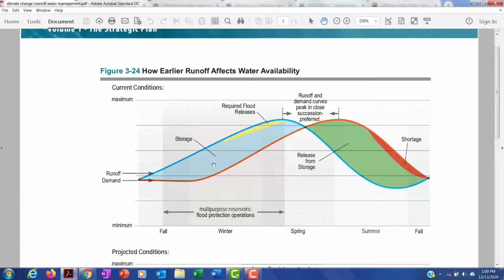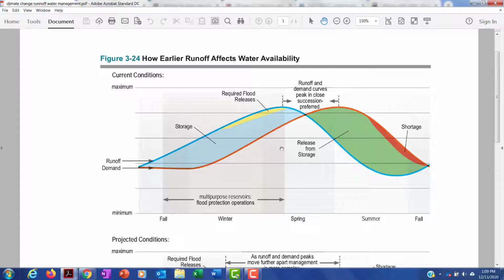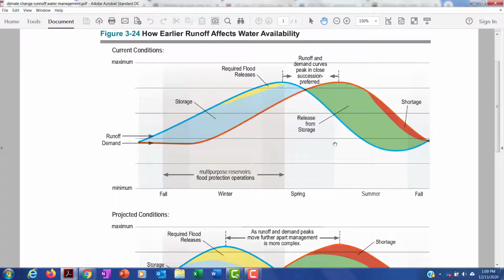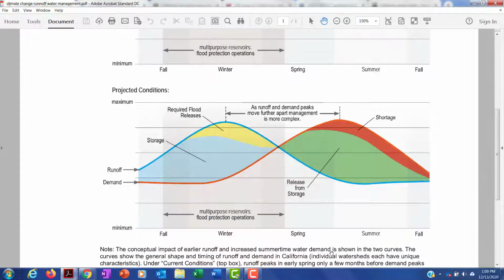Going forward, the thinking is, regardless, the climate is going to be warming. That's the prediction. That doesn't mean that it'll rain less or more necessarily, but it will mean we have less snowpack. And so the concept is, if we cruise down to the future from the current, the demand stays pretty much at the same spot in the year, early summer, peak demand for irrigation.